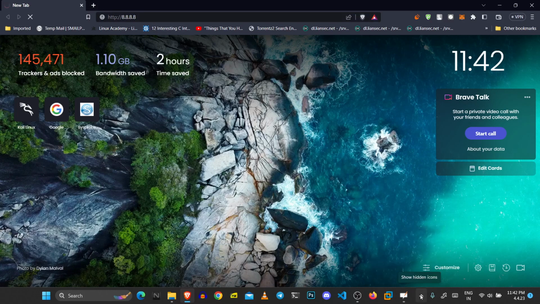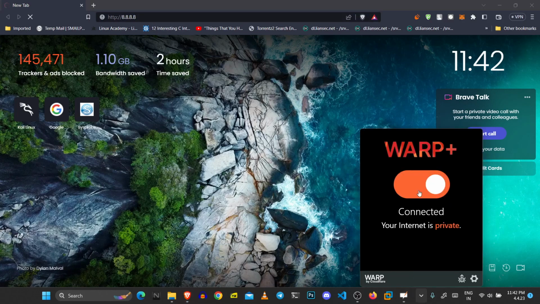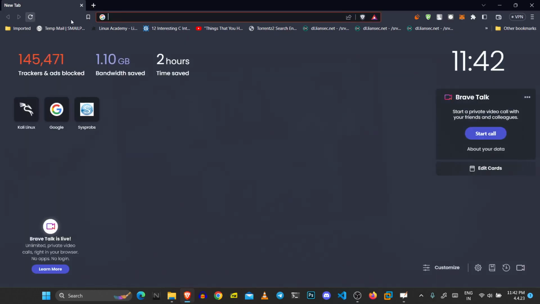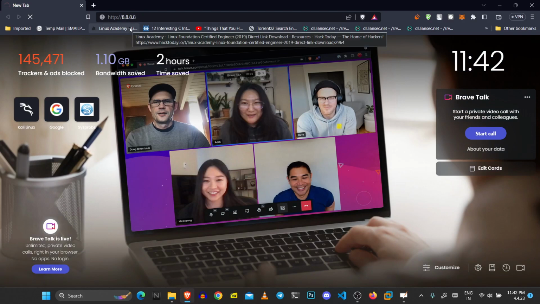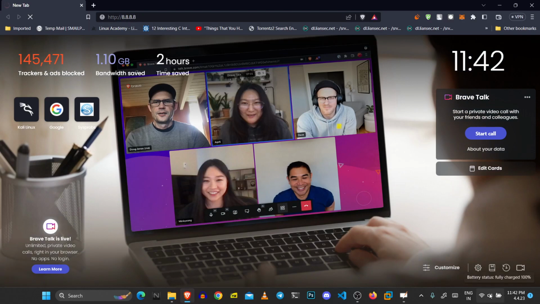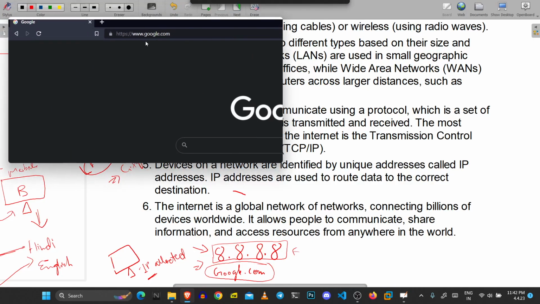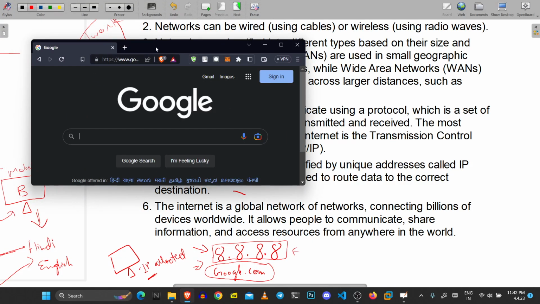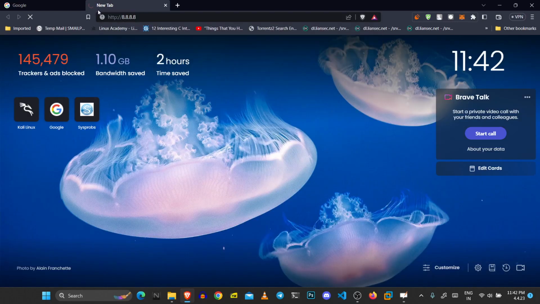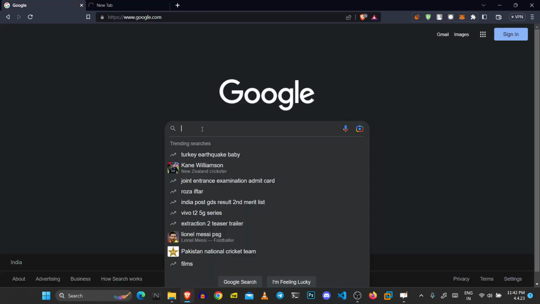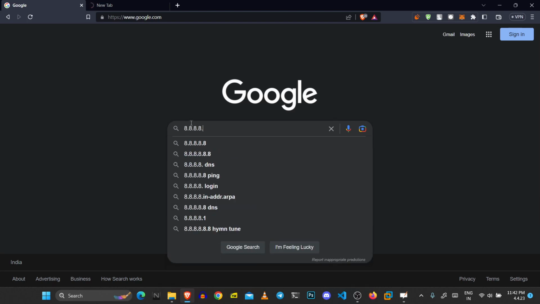I think I have a VPN connected, that's why it's slow. I'll just turn off the VPN and do it again. Maybe I have some network issue right now, that's why it's slow. Is it working? Yeah, it's working, but the IP address, I don't know why it's not working right now. It should work. 8.8.8.8.